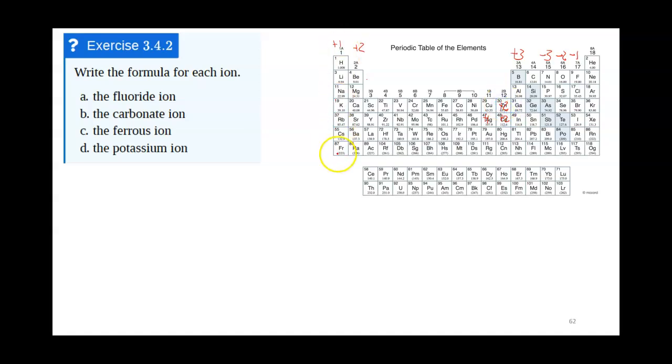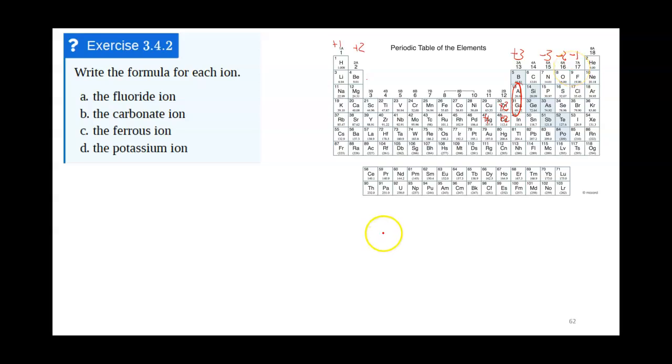So everything in group 1A forms a +1, everything in group 2A forms a +2, aluminum and gallium in group 3A form a +3, silver forms a +1, cadmium a +2, and zinc a +2.